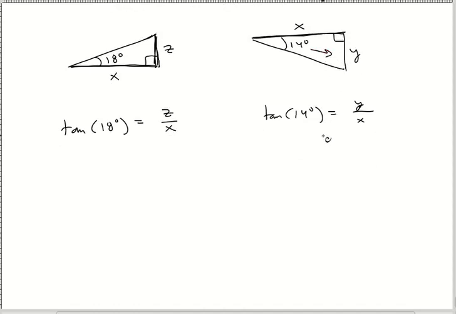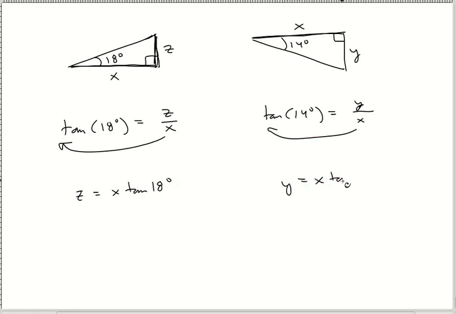It's opposite. It's going to be okay. So I want to solve for x. And rather, what if I solve for y and z in terms of x? In a way, I'm going to just move my x's over. And so I've got z is equal to x tangent 18, and y is equal to x tangent 14.